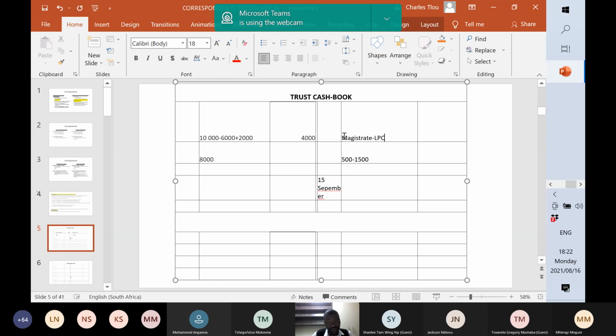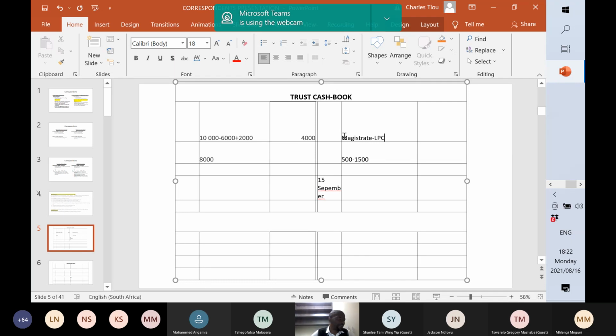So you simply say, on whose behalf am I receiving this money? If your client is John and you are receiving this money in John's name, that means you go to John's ledger account and you credit it with that same amount.